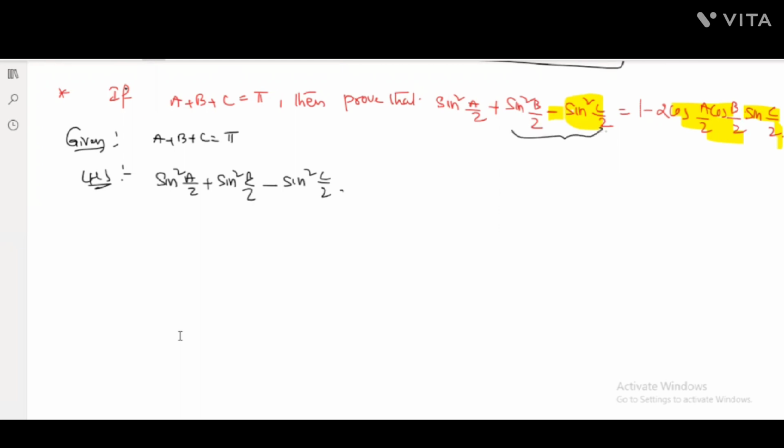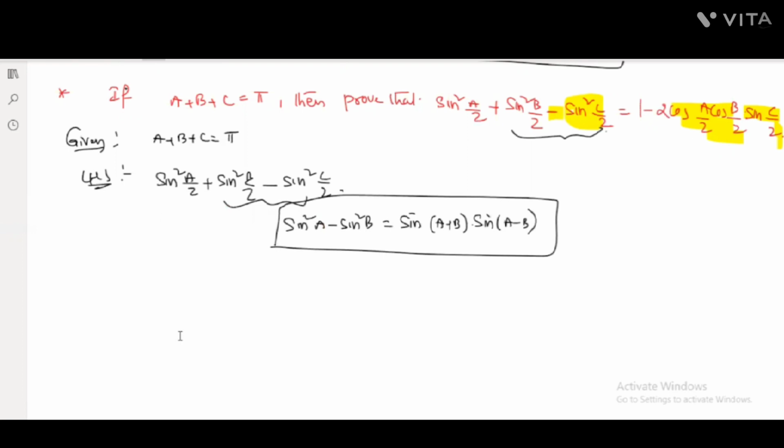So how can I take this one? That is sine square a minus sine square b, which is sine a plus b into sine a minus b. This is the formula, and we can apply it.